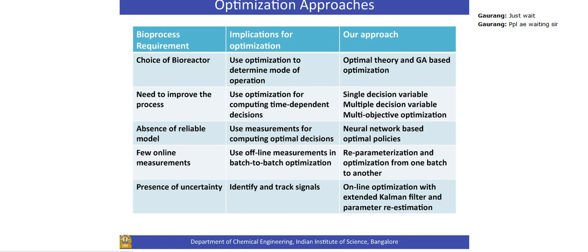But on the other hand, if you are using molasses, which comes from the sugarcane industry, now depending on who supplies my molasses, whether it comes from a region in Maharashtra or MP, the quality of molasses may change. And if that quality changes, that will influence my process. And therefore, I need to continuously track and identify disturbances or changes and then design my optimal solution.